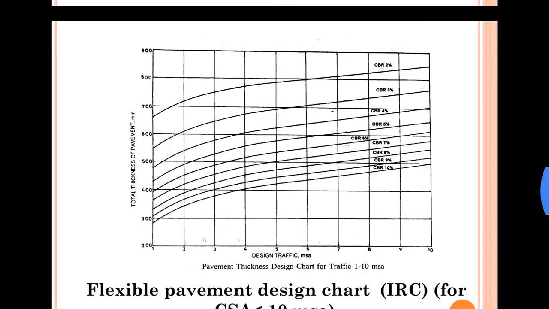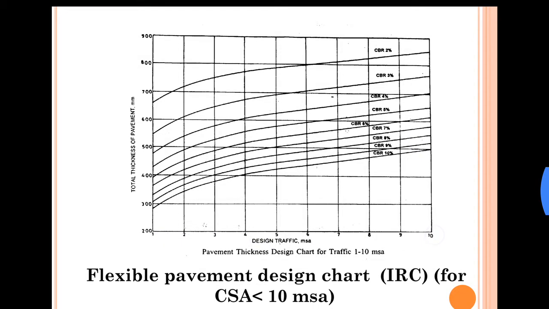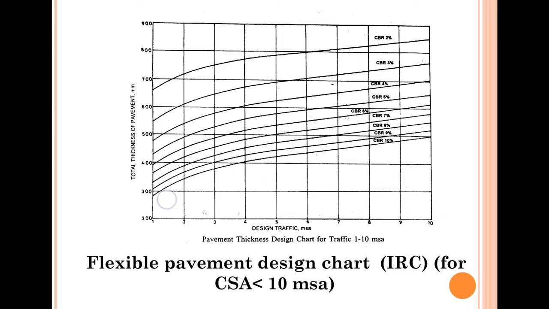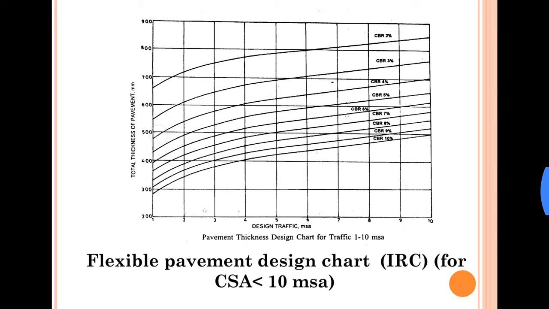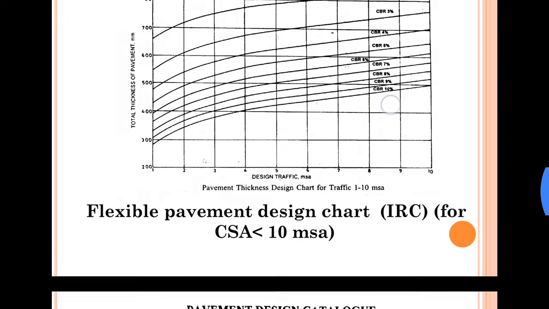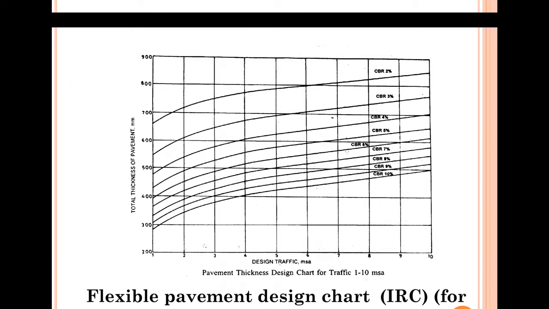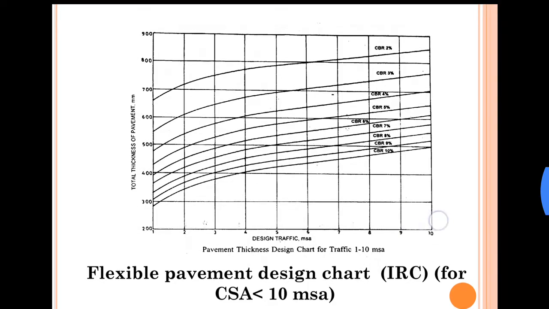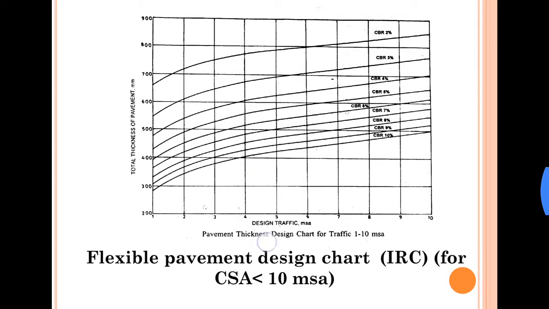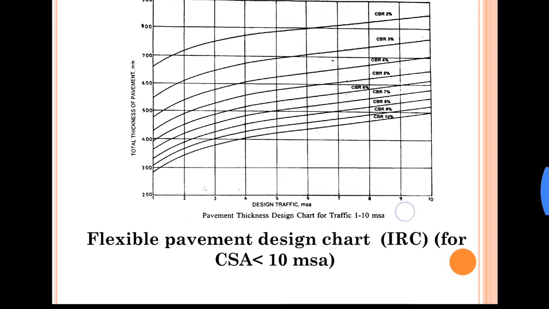So you have capital N values along the x-axis, total thickness of pavement along the y-axis, and you have these graphs that indicate CBR values. I'll discuss this in detail when I solve a design problem.